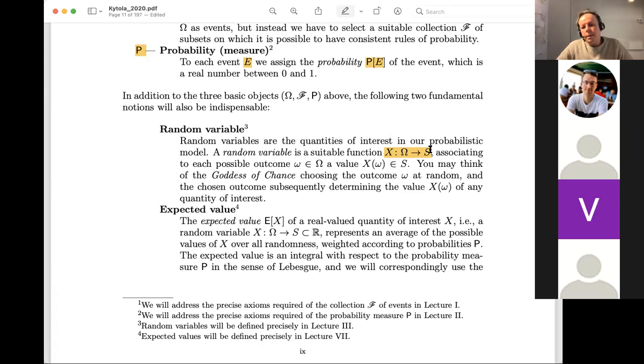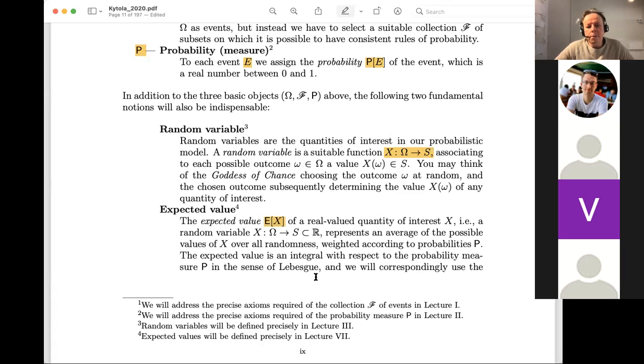So this could be a set of 4 letters. It could be zeros and ones if we are doing information theory. That's how we often look at this. It could be sequences of zeros and ones. It could be a sequence of numbers when we work on stochastic processes, and so on. It could be a set of graphs if we work on random graphs, and that's how it goes.